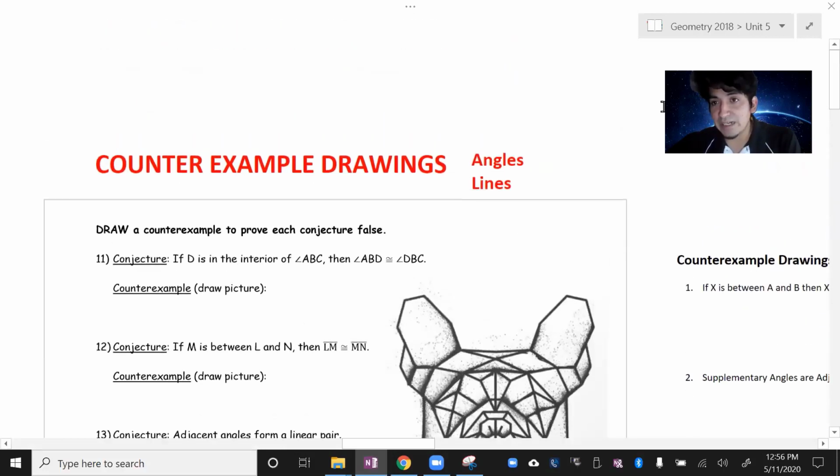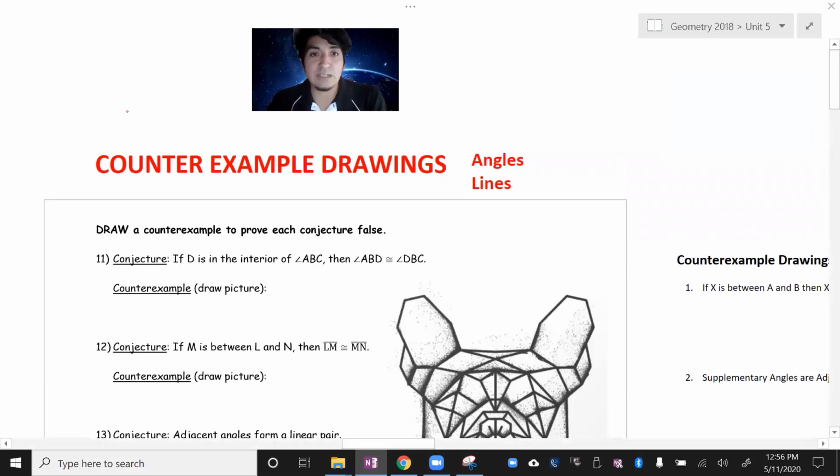Now, for those who are forgetting, for whatever reason, a quick refresher on how to draw angles: you'll have something like A, you've got B, you've got C, okay? And they always have little arrows at the end. Remember, that's the vertex.